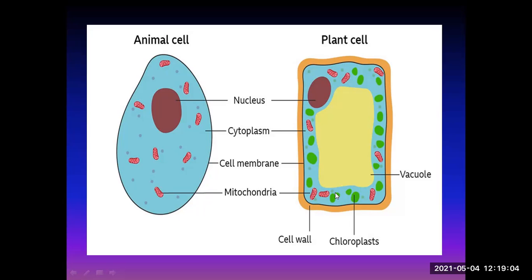They can't. They will have to tolerate all environmental conditions. And how can they bear it? It is the cell wall which is giving them extra protection and helping them to stand outside even during hot weather, cold condition, when it's windy, when it's raining. So this extra protection helps them to survive outside.